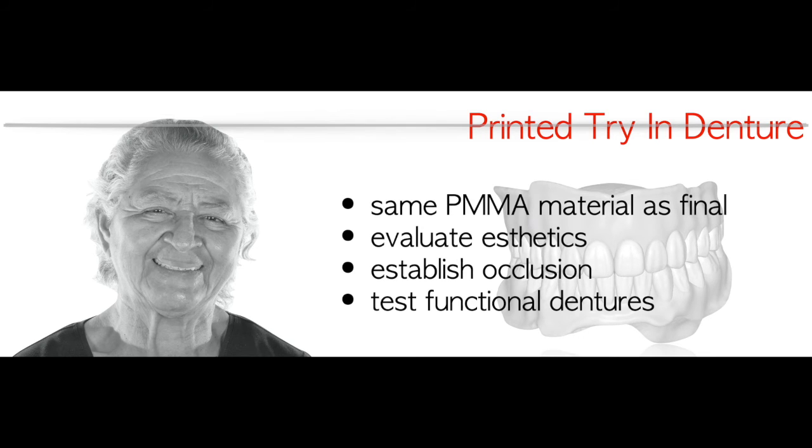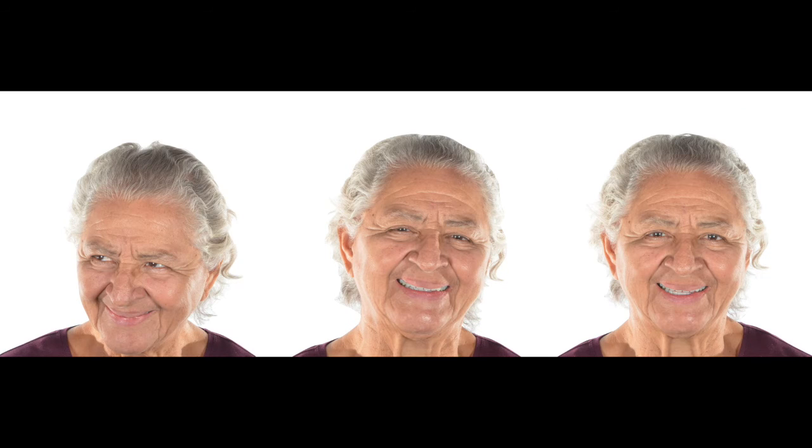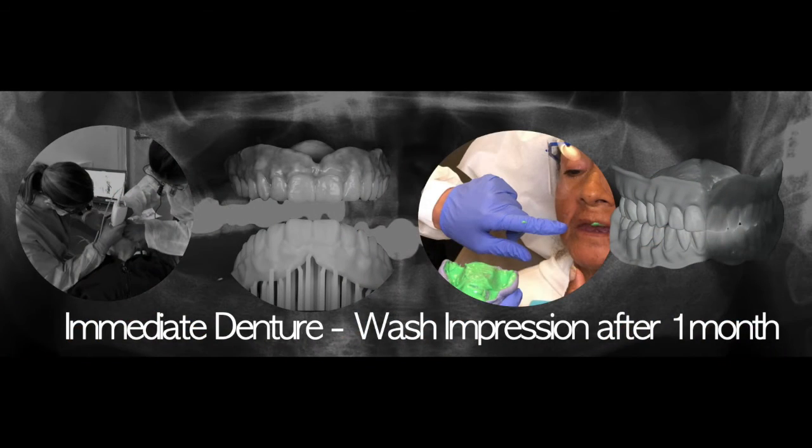And in case you need to adjust or change any position, you could do so before you make the final denture. And we are going to take the wash impression before we fabricate the final denture.